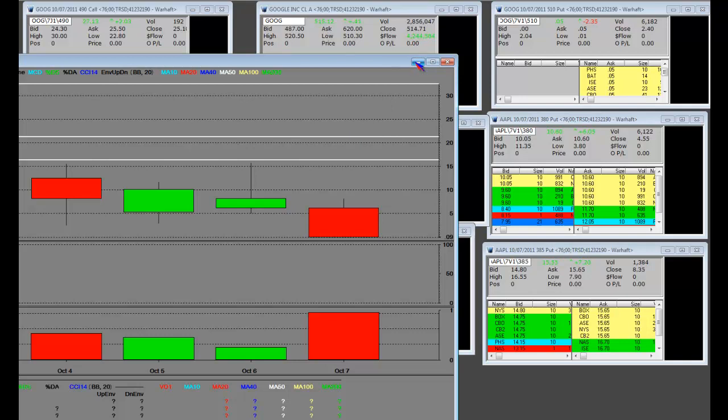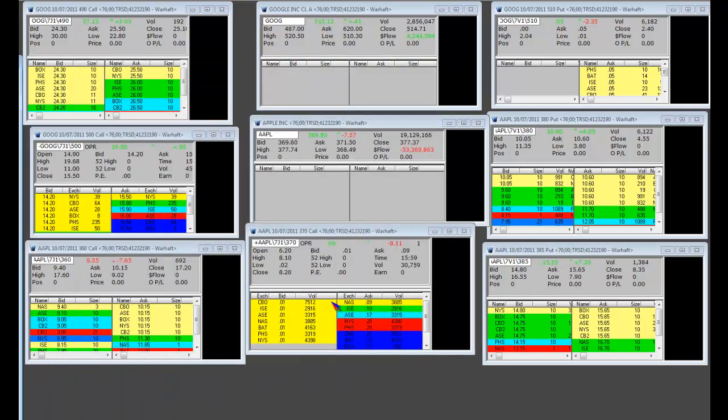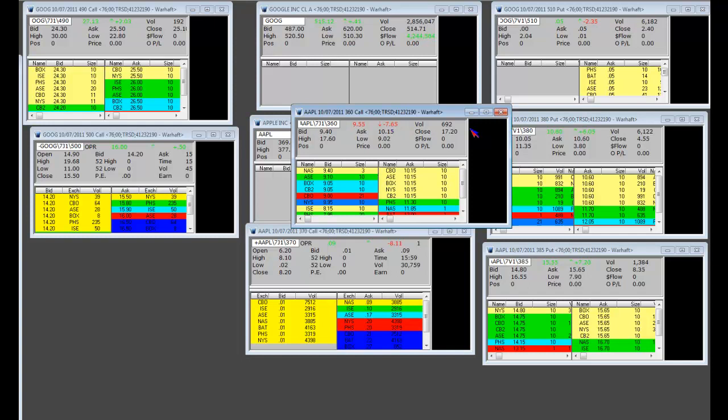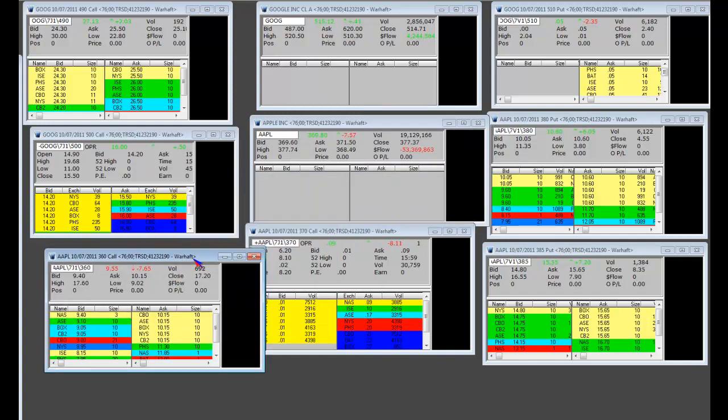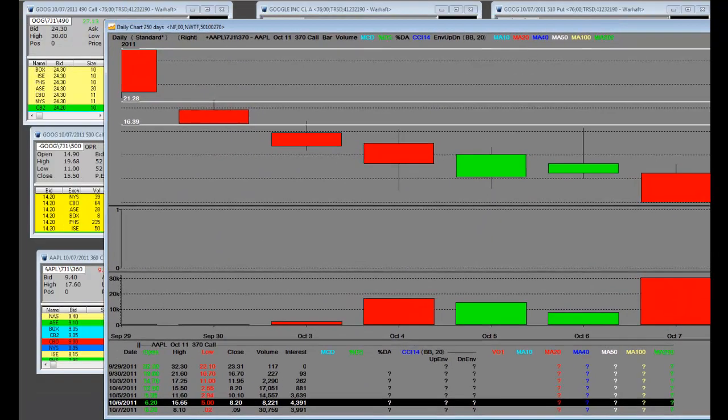When you look at the actual call side, again, you're looking at an Apple 360 call right here, lost 7.65. They close at 17.20. But if I take the same Apple call and put it over here, MMTs, which I can do, that was a 360 call.